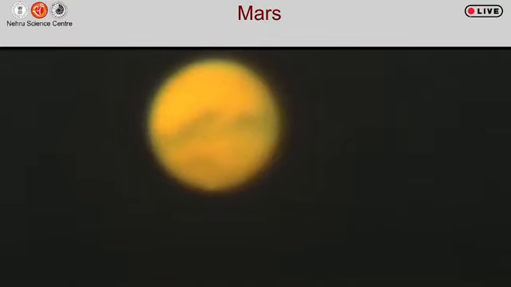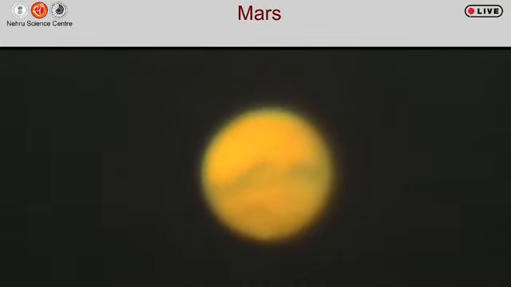Just remember that although they are moving in different orbits, from our own perspective we see them as overlapping each other. So it's from our point of view, and it's going to happen on 21st December.